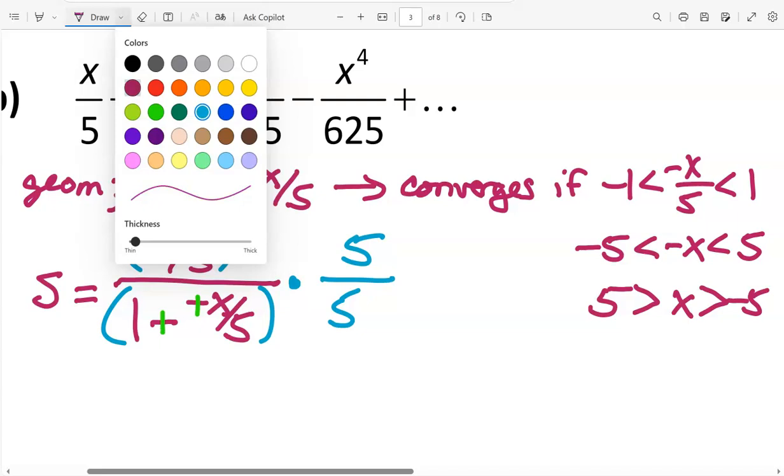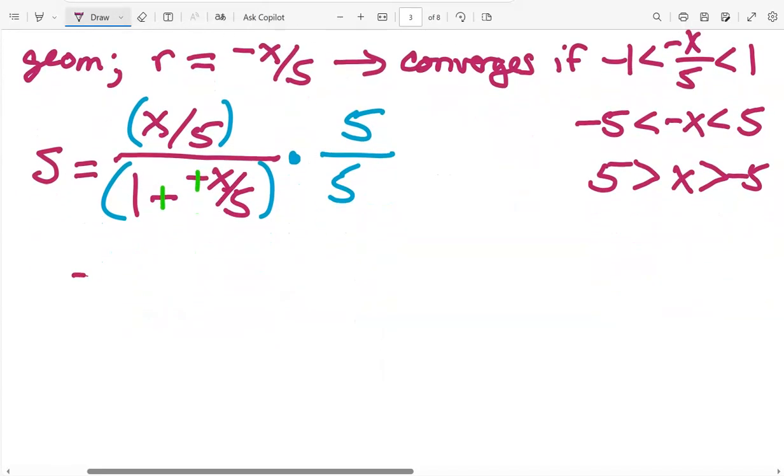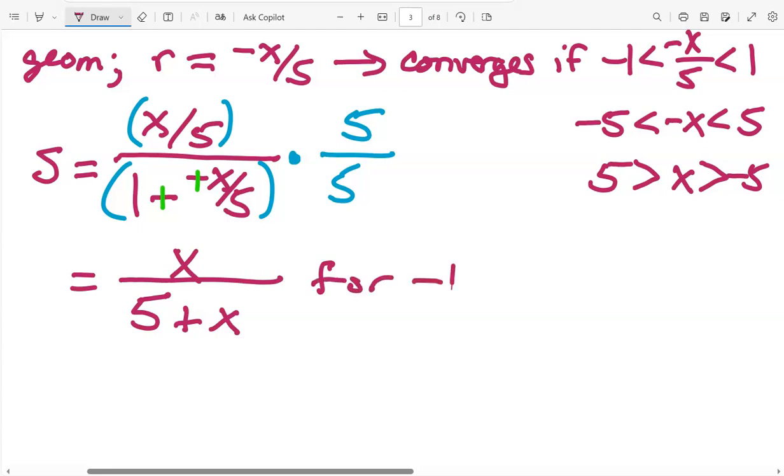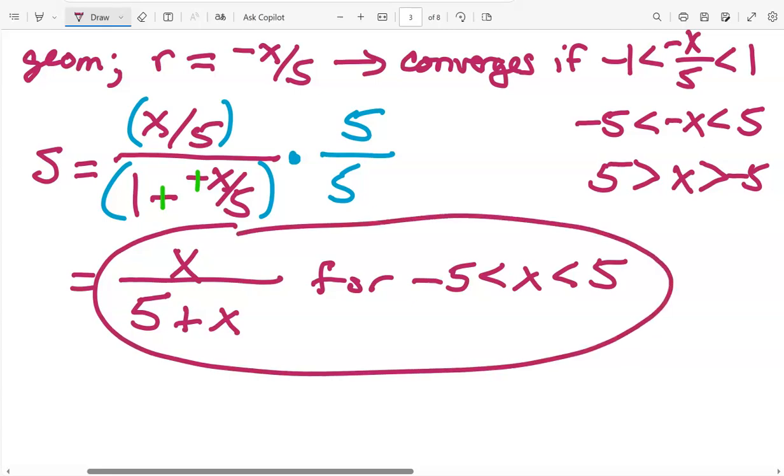And so multiplying the numerator times 5, we get a sum of x/5 times 5 is x, and then distributing that multiplication by 5 to both terms in the denominator, we get 5 plus x. So the sum of the series is x divided by 5 plus x for x values that are between -5 and +5, which is the interval that we found when we started looking at the common ratio being between -1 and 1.